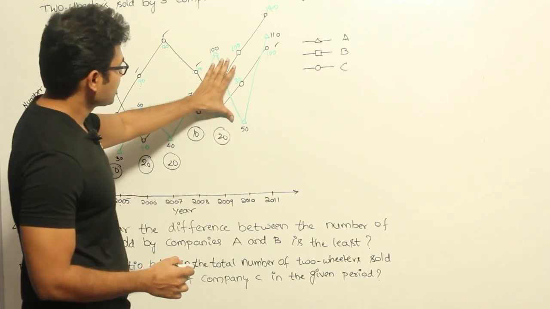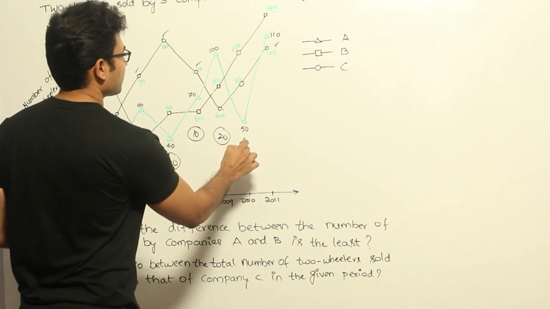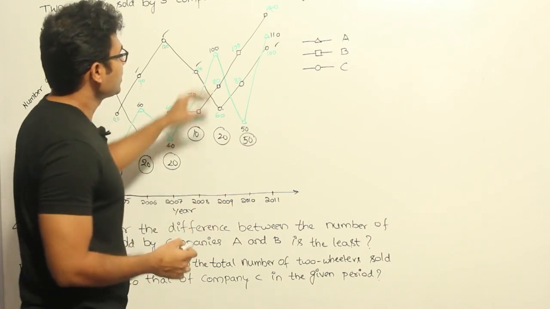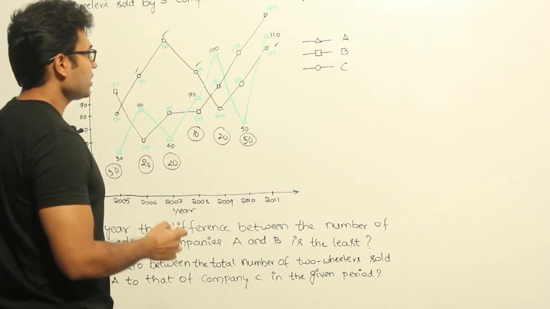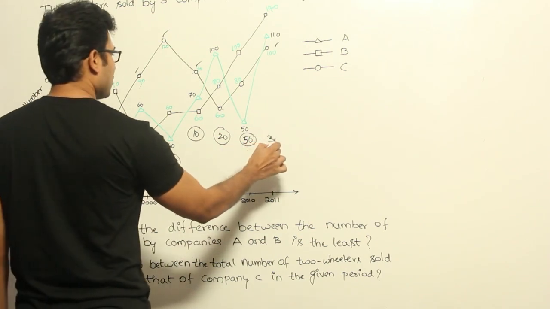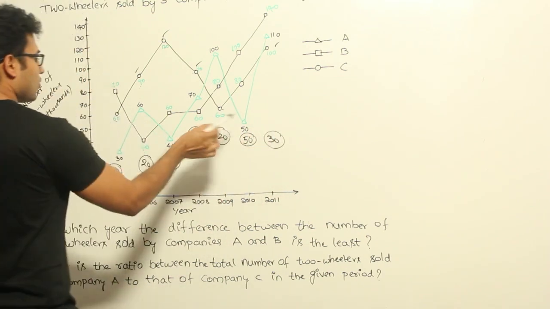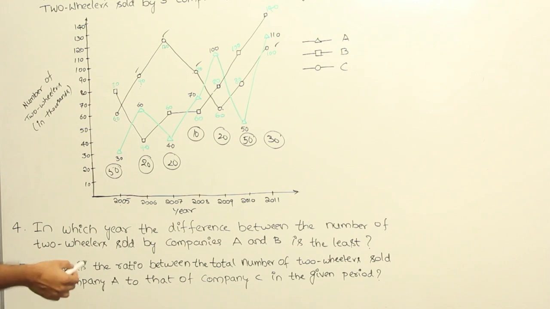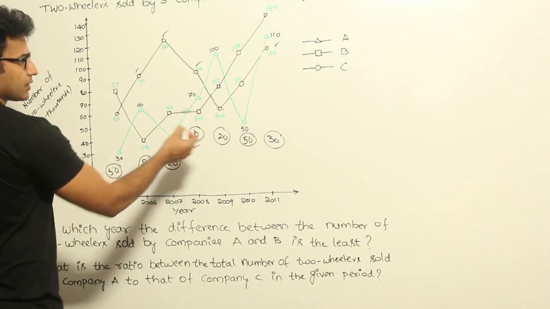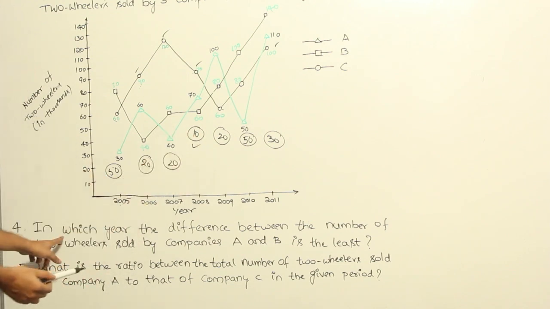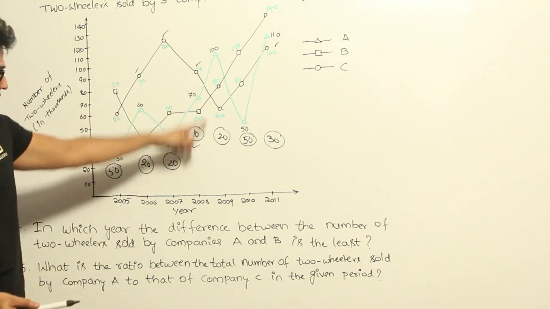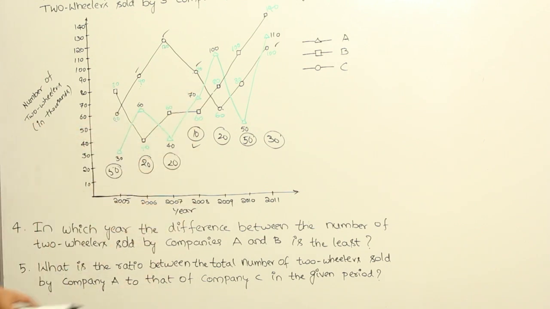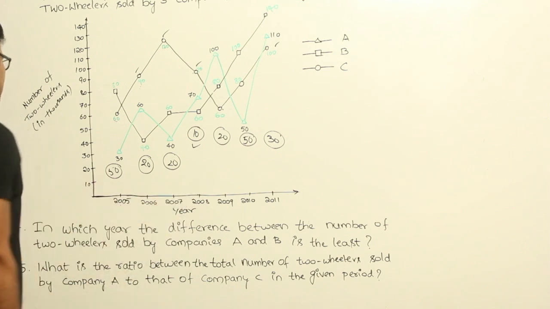And here the difference is 50 and 100 means 50. And here the difference is 140 and 110 means 30, right? Now we want to find out, out of all this, which one is the minimum. So the minimum is 10, right? The answer is 10. So in which year they are asking, right? So this year corresponds to 2008. In 2008, the minimum is 10.